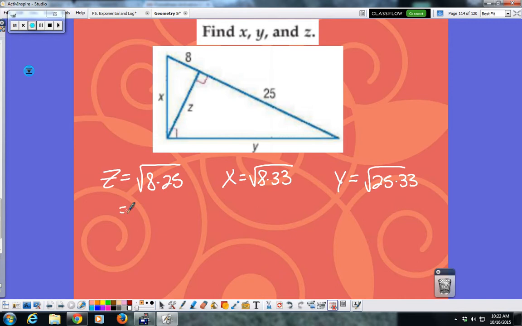Let's simplify these down. This, if you multiply it together, that's the square root of 200. Square root of 200, you could give that as a decimal, but let's go for exact here. I noticed that if I leave it split 25 times 8 to simplify, there's an extra perfect root here. So let's take the extra perfect root out of this and put it over here.